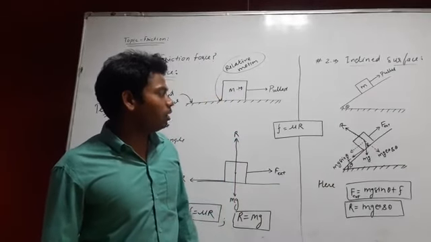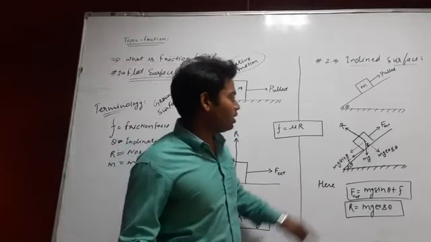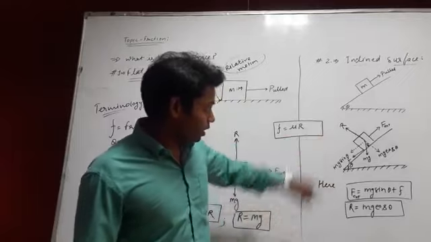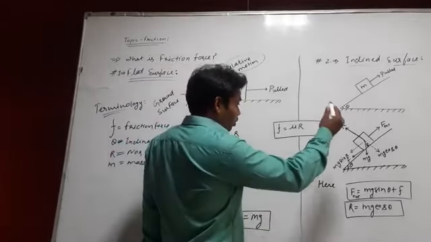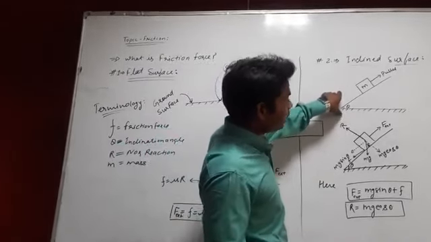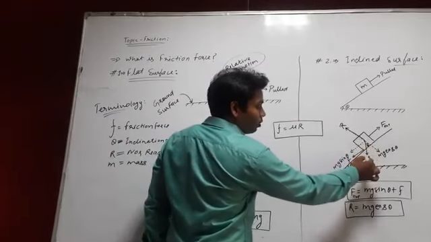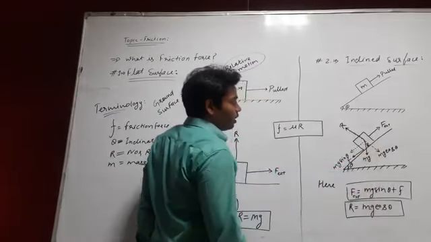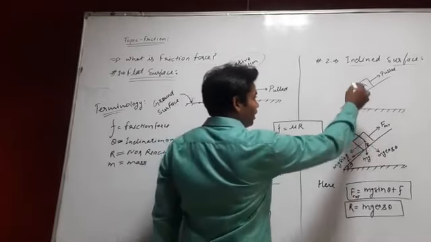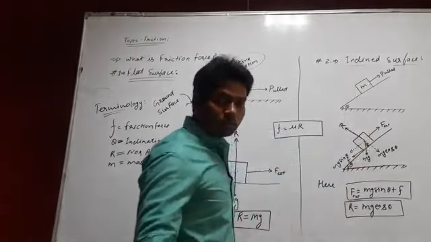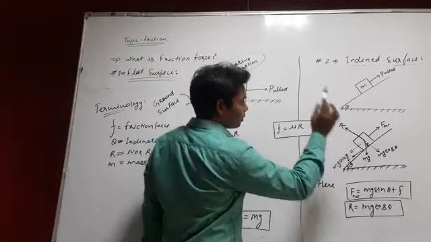So how will you make the FBD? As you can see in the diagram, the body is kept on the inclined surface, so the weight will act vertically downward, that is mg. The reaction force R will act normal to the surface.